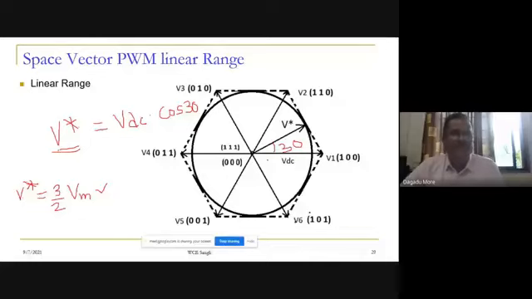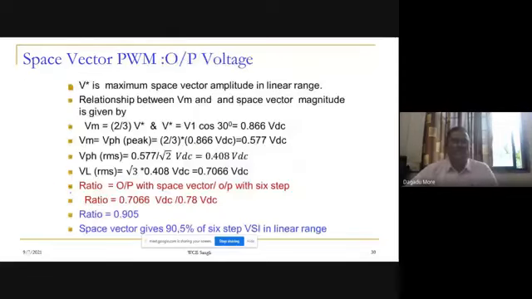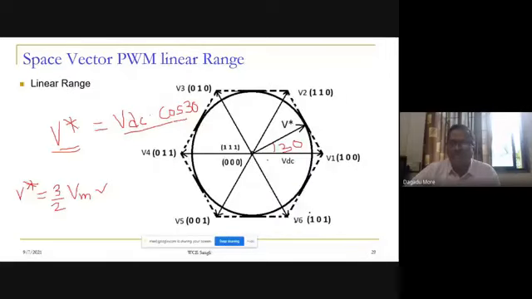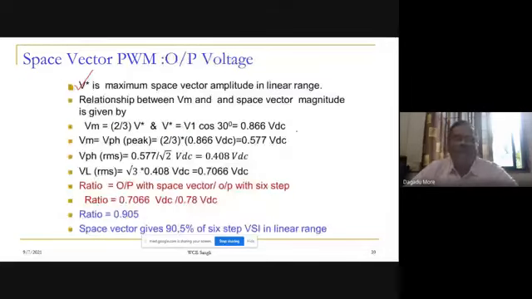And here we get V star. V star will be VDC cos 30, and from that we find out what VM is possible. This analysis we have done here. First, we discussed that V star is the maximum space vector amplitude in the linear region. The inscribing circle is the maximum range.